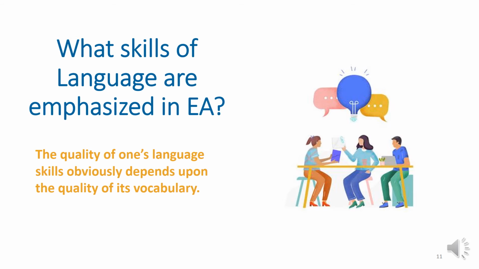That means if I concentrate on speaking skills, I have to teach my students the vocabulary they use in speaking, and also in writing. The language areas emphasized depend on what skills I want my students to concentrate on. If I want them to write in the target language better than speaking, I have to concentrate on the vocabulary they use in written language more than spoken language, and so on.